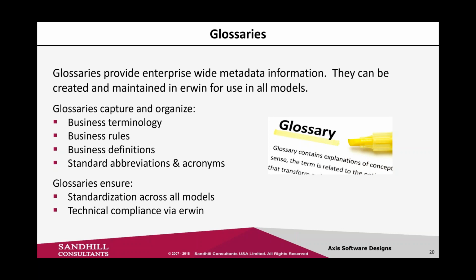So as you update your enterprise-wide glossaries, you can roll that out to each of your models that have been attached to the templates. Typically your glossary captures things like your business terminology, any business rules, the definitions you're applying to them, and any standard abbreviations and acronyms.